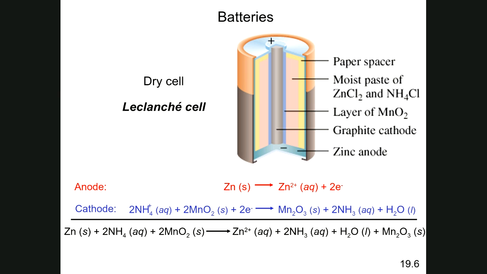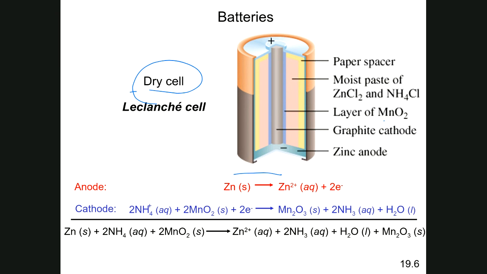Okay, the last part of this chapter is batteries, different types of batteries. Still the oxidation reduction reaction. You have cathode and you have anode. For the dry cell battery, the oxidation of the zinc is going to take place. Zinc is going to be oxidized, and manganese is going to be reduced.